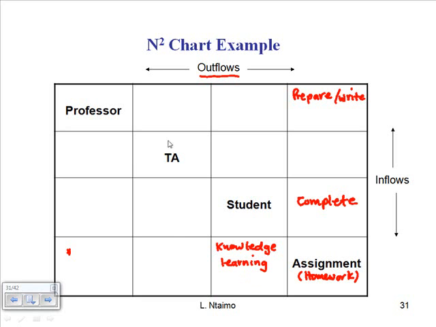Okay. So how about let me go to the TA and student. What does the TA provide to the student? The TA can provide graded assignments, or I would just say graded homework.